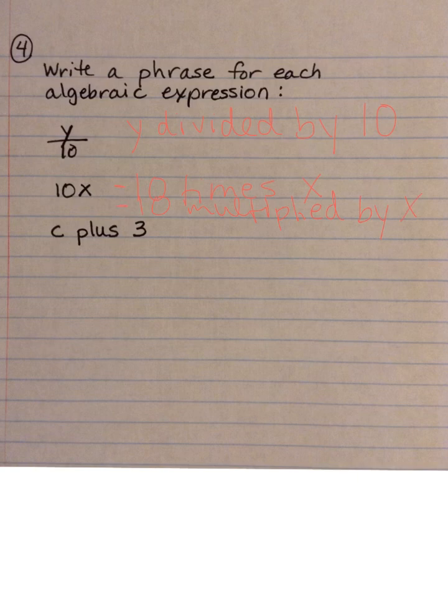So that one could be either one. And then for c plus 3, we would do c, and then plus and 3. So those are fairly simple algebraic expressions to convert into phrases or words. They will get more difficult in some of the examples and some of the practice we do, but that's basically the idea.